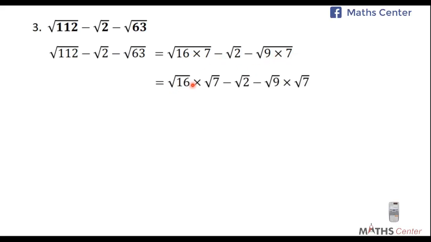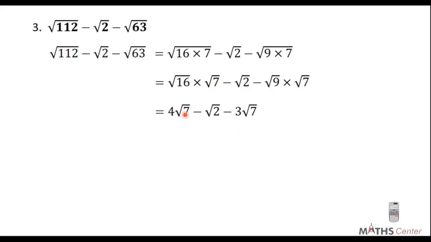So you expand this, you are going to get square root of 16 times square root of 7 minus square root of 2 minus square root of 9 times square root of 7, which is the expansion for this. Square root of 16 will give us 4, then times root of 7 will give us 4 root 7. Then minus square root of 2 minus square root of 3, square root of 9 will give us 3. Don't forget the negative sign is already here, then root 7.